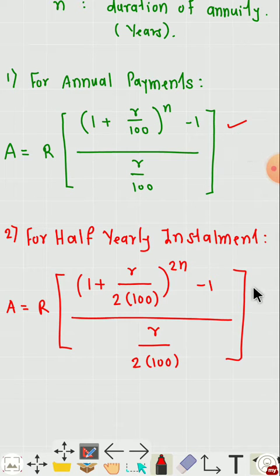We observe these two formulas for annual payment: see the term in the denominator here and the power, and look at the power, so you will observe the difference. And here we note that the actual capital invested is equal to R into 2n.